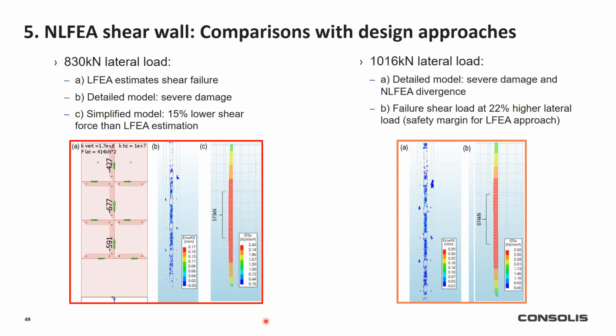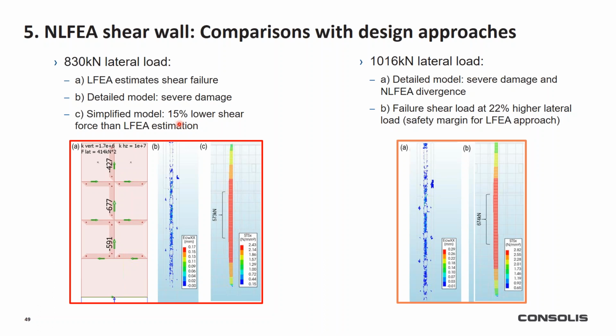So if we look at the results, we can see that we have 830 lateral load, and at this load level we have the peak load in the middle connection. In the detailed model we have severe damage of the vertical connection, and in the simplified model we can see that we are almost reaching the peak load.